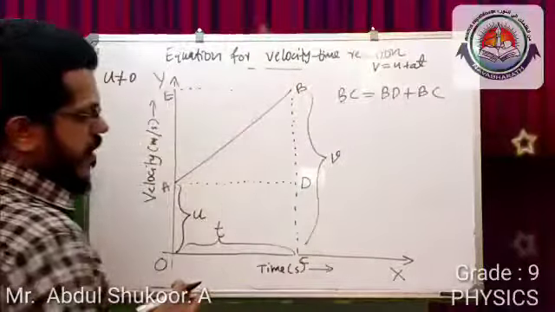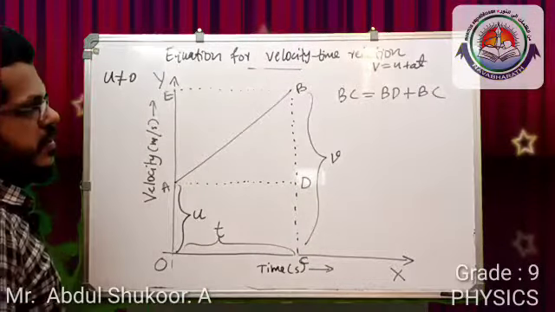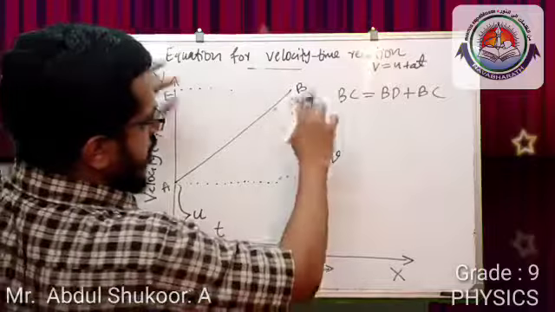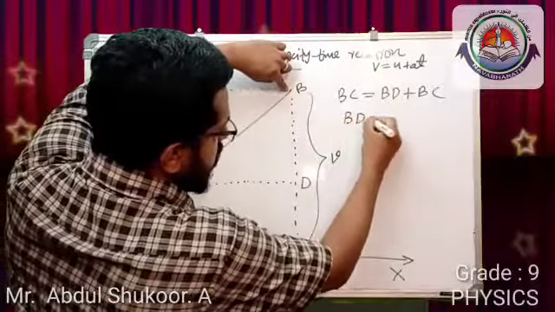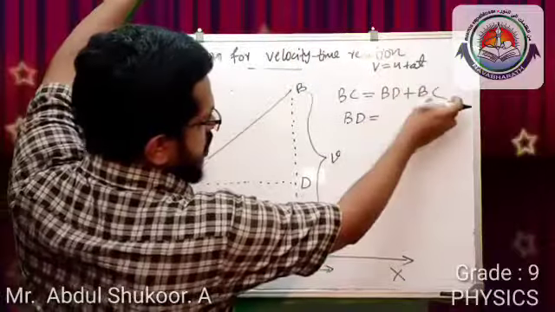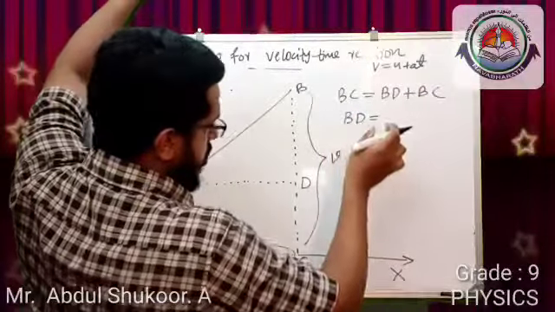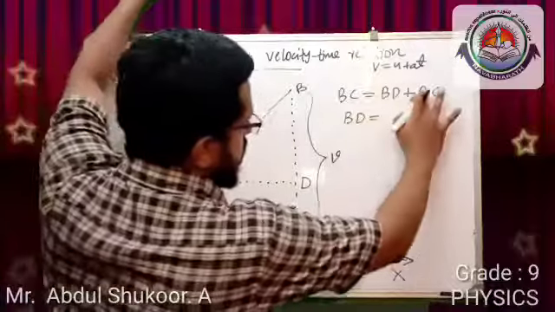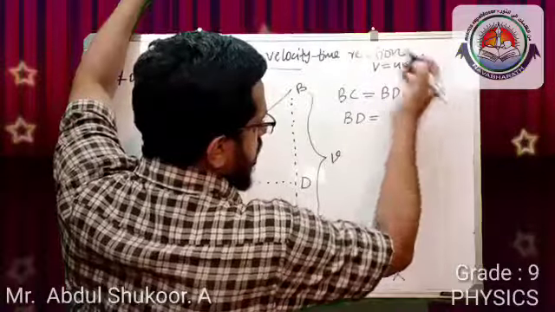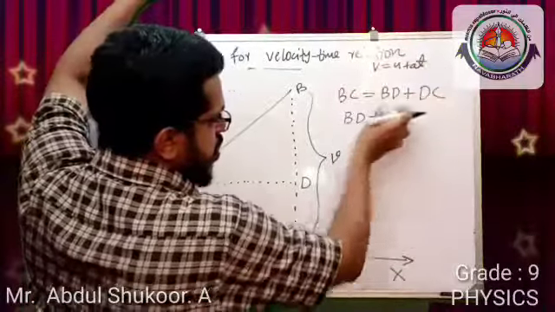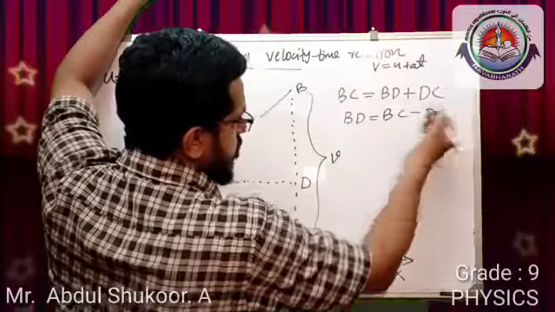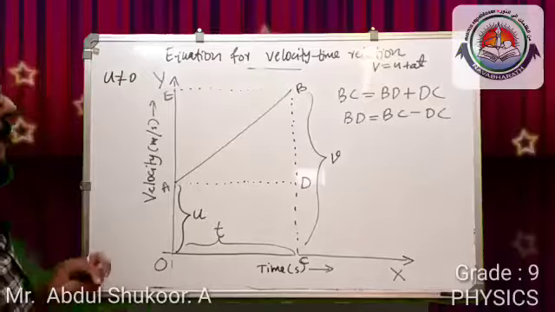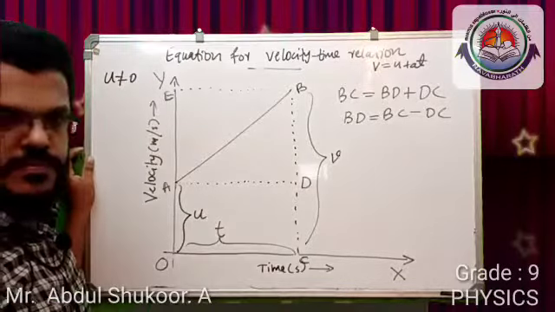That is what I have written here. Then we can represent BD. BD is equal to BC minus DC, if we shift DC to the other side.